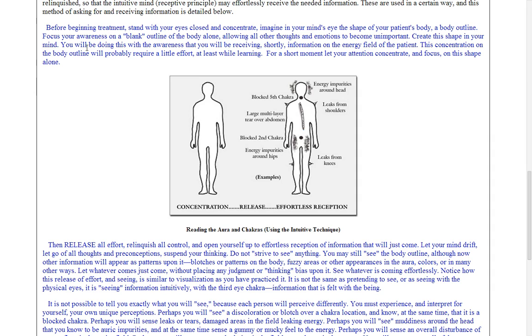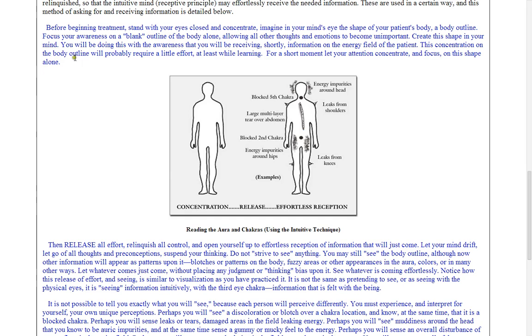So no feeling, just outline, allowing all other thoughts and emotions to become unimportant. Create this shape in your mind. You will be doing this with the awareness that you will be receiving shortly information on the energy field of the patient.